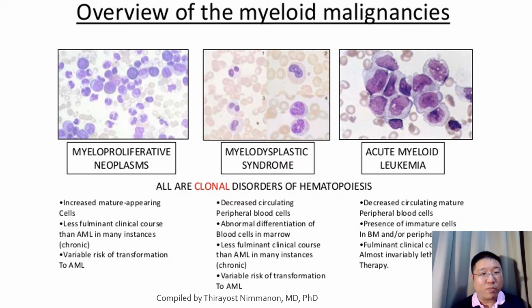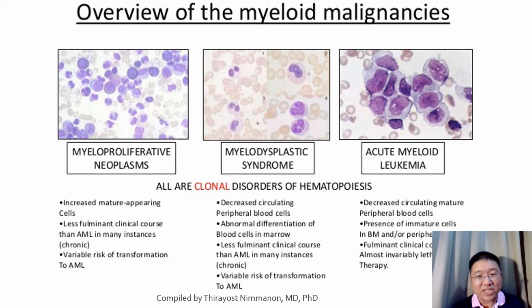So for myeloproliferative neoplasms, there are increased mature appearing cells, and a less prominent clinical course than acute myeloid leukemia in many instances. That's why the conditions are called chronic myeloproliferative neoplasms.